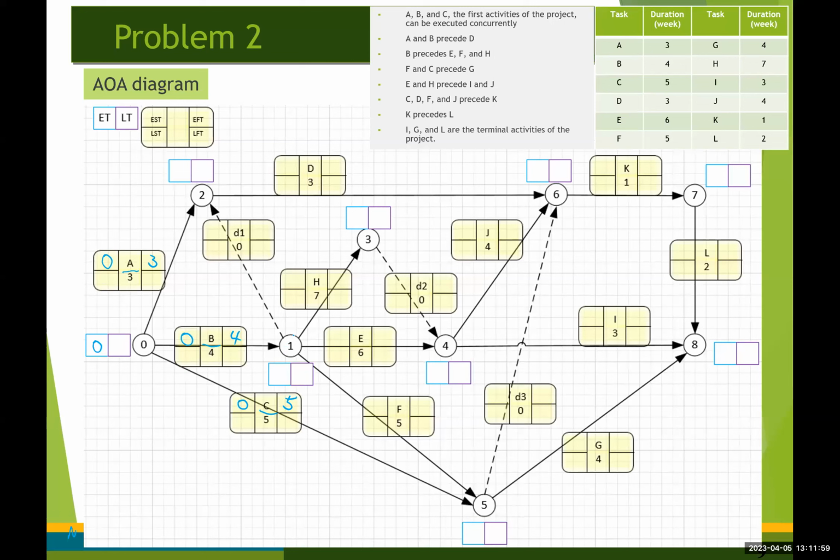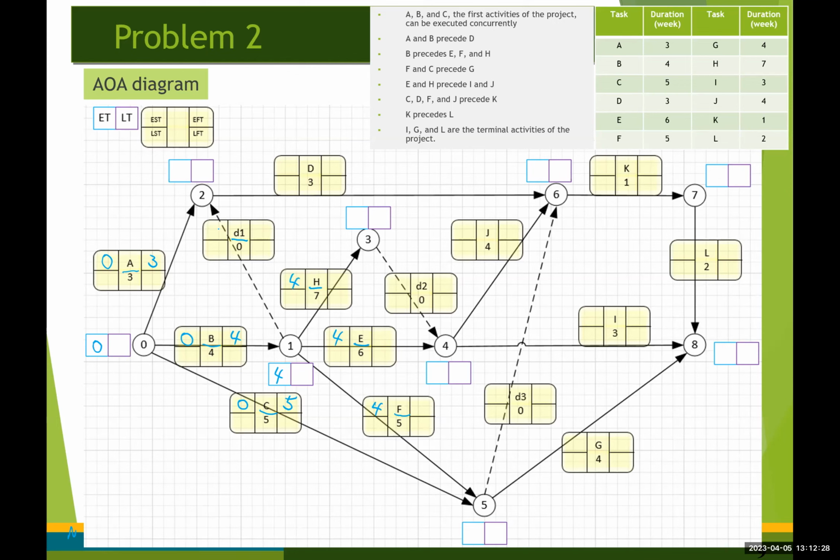And the earliest time for event number 1 is going to be 4, because that's the completion time of activity 4, right? So automatically, again, earliest start time for activities D1, H, E, and F are going to be 4, right?